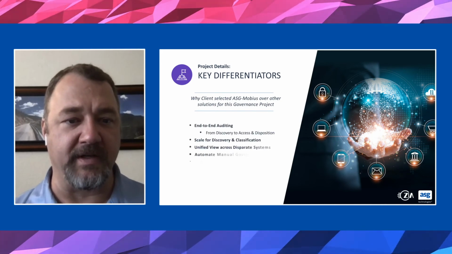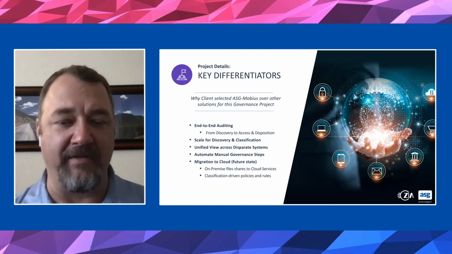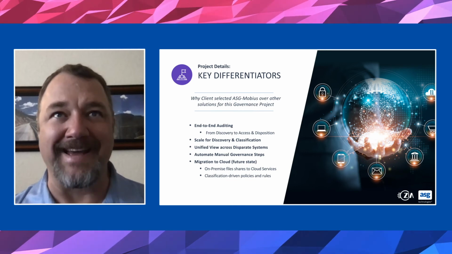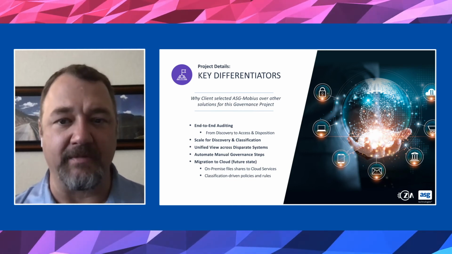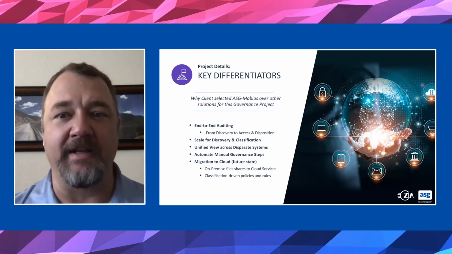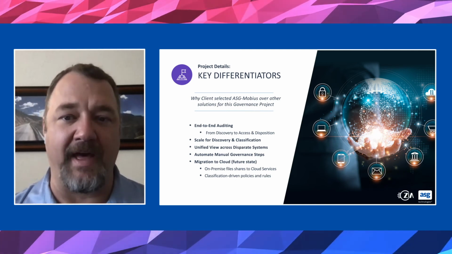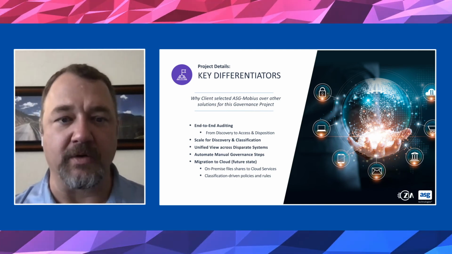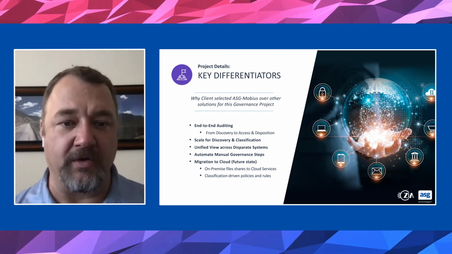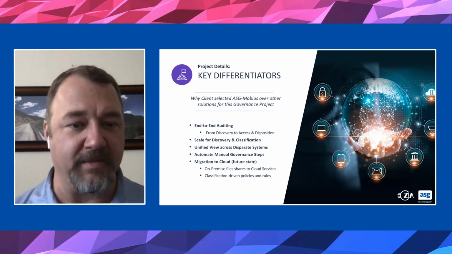So the first one you see on the screen here is the end-to-end auditing capability, right? Which seems obvious. However, if we're really being thorough, and we've identified personally identifying information or sensitive data in an organization and acted upon it, it's extremely important that you have a record organizationally as to how that information has moved around your organization and how it has ultimately participated in your records management or governance strategies within your business.